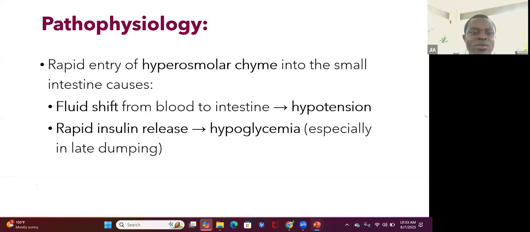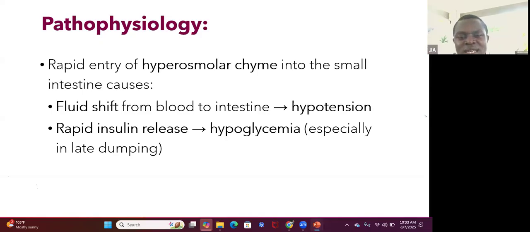And we are saying rapid entry of hyperosmolar chyme into the small intestine causes fluid shift from blood. So you see, the concentration of the chyme becomes higher because either a portion of the stomach or all the stomach has been removed, so the digestion which has to take place in the stomach is spared.